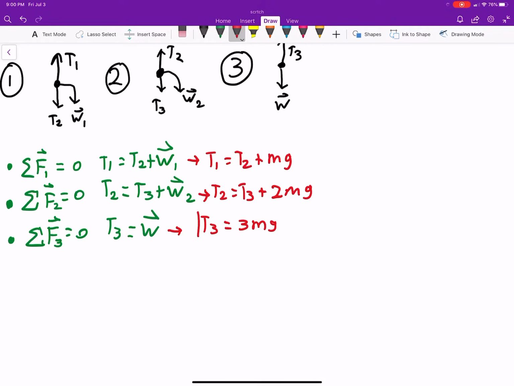Okay, well, we have an expression for tension 3. We can take this and plug it into here, and you'll get T2 equals 3mg plus 2mg is 5mg.